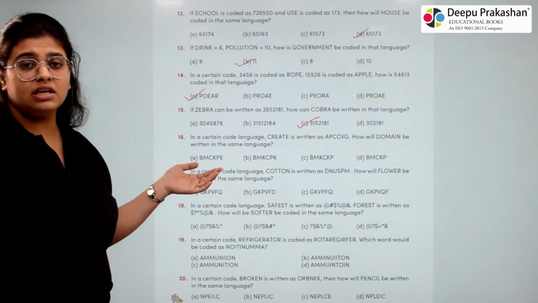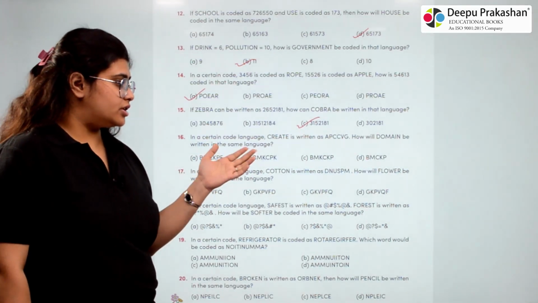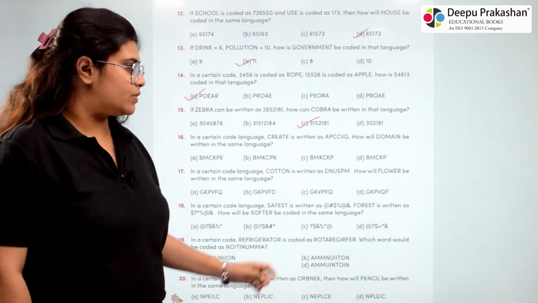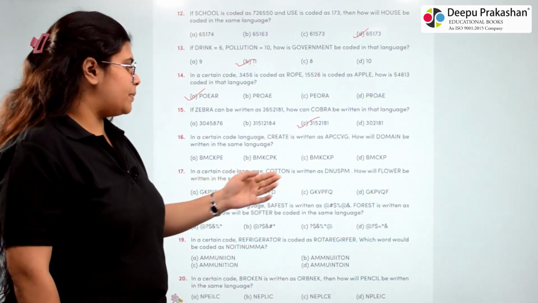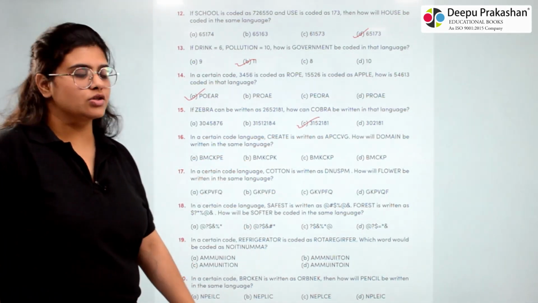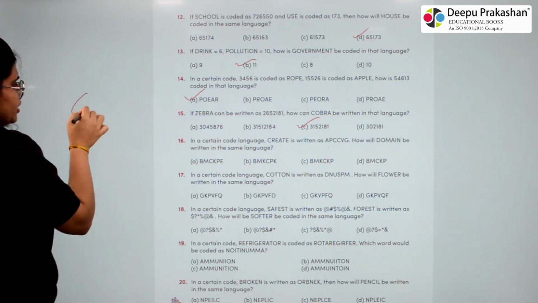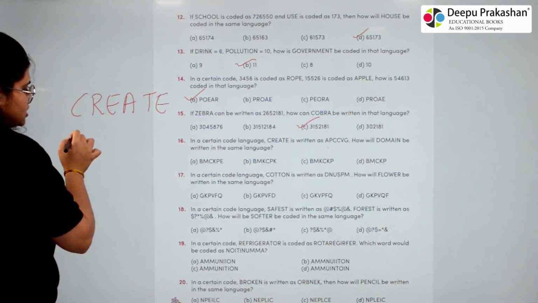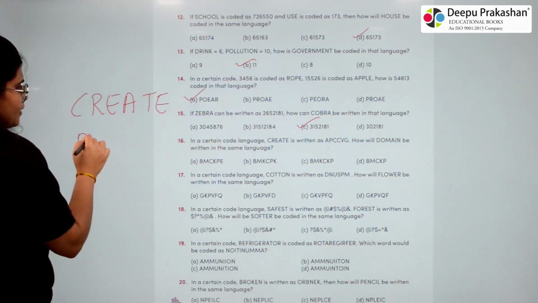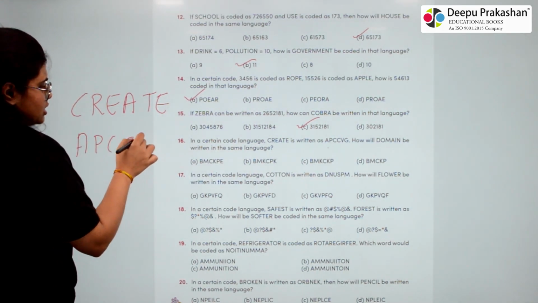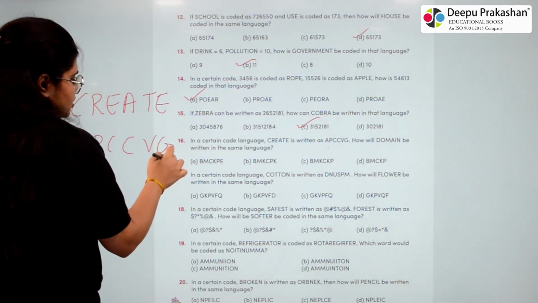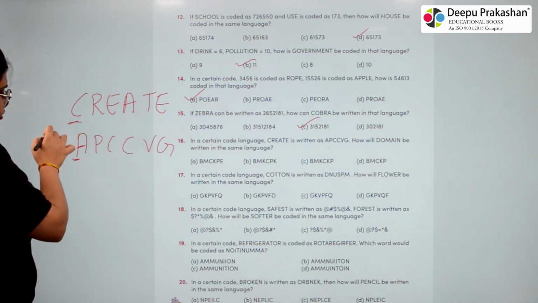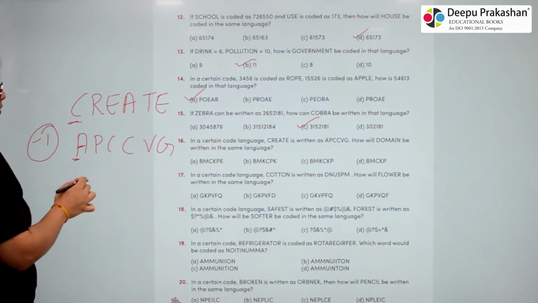Okay. 16. In a certain code language, create is written as APCCVG. How will domain be written in the same language? So here we are given that create is written as APCCVG. So the relation of C and A is of difference of one letter.